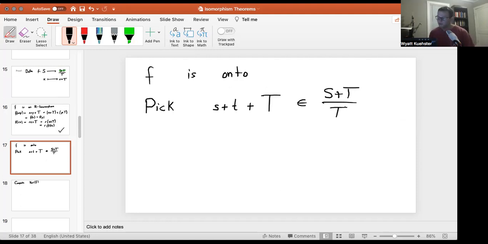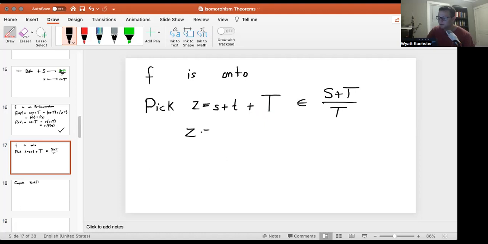But then there's something I noticed right away, which is that if I have a coset by something that's already in T, I can just absorb that into T. So, I'm gonna call this Z. Z is gonna be that coset.